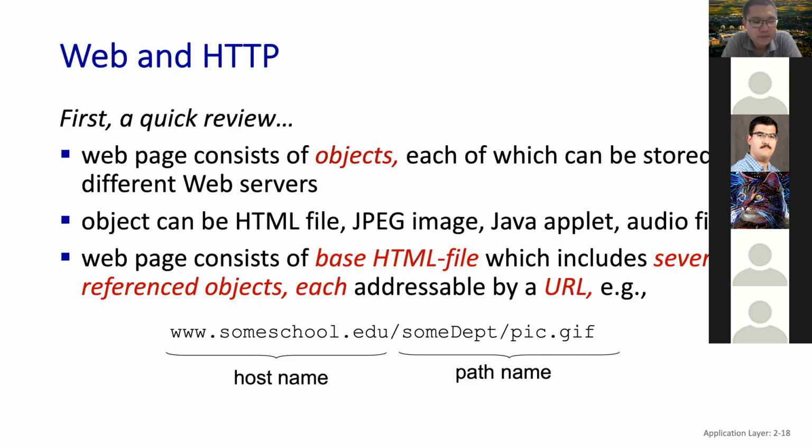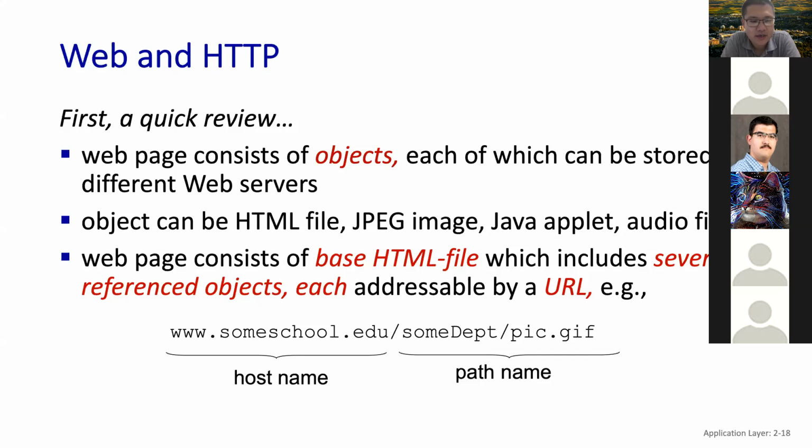Yeah, this is very classic. And the object can be an HTML file, JPEG image, Java applet, or an audio file, right? But generally speaking, for a plain website, just several lines of HTML and a JPEG image, you can do that, right? It's not necessary to be very complicated.